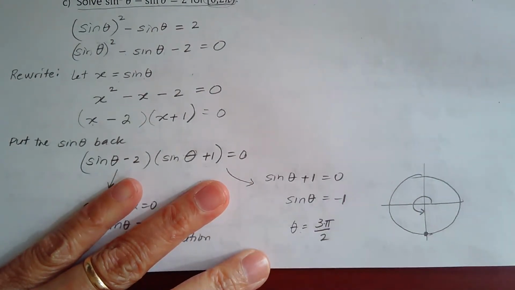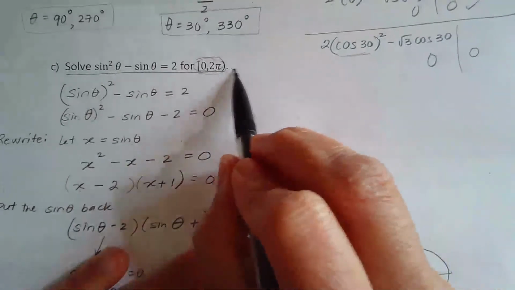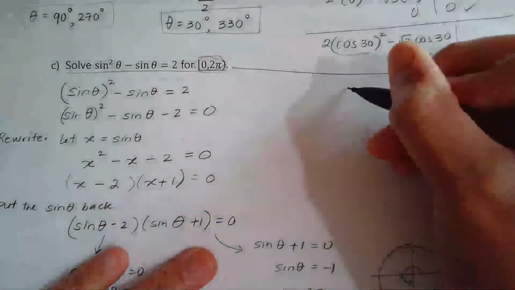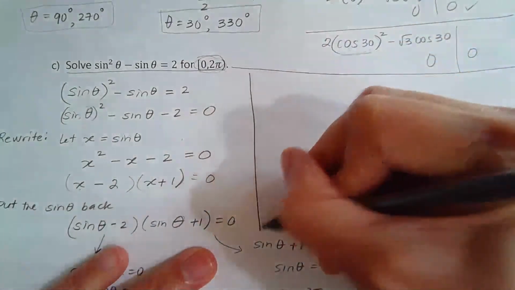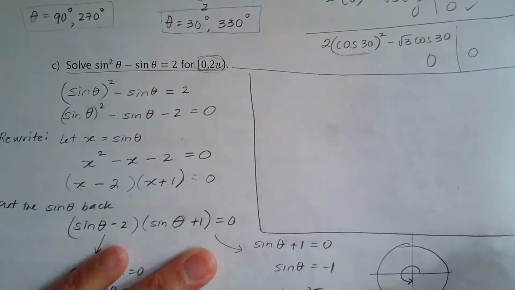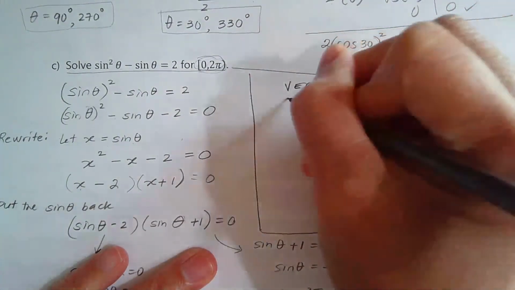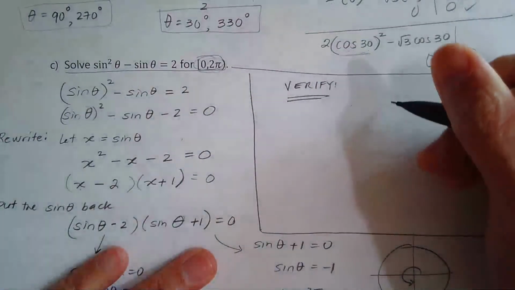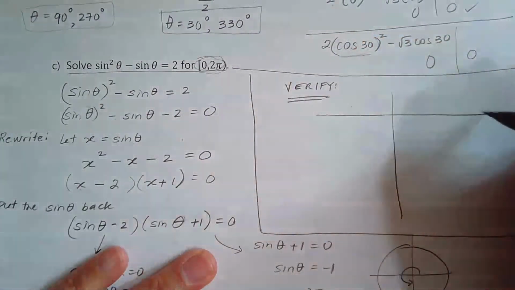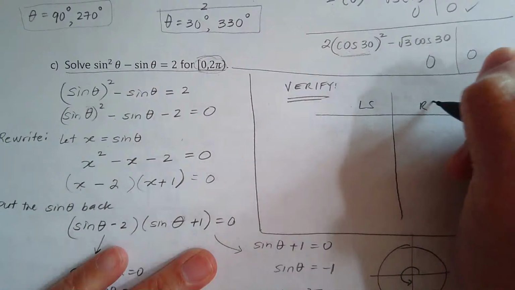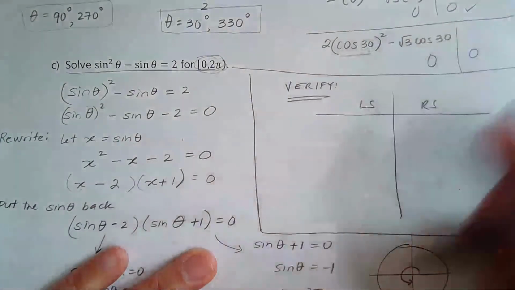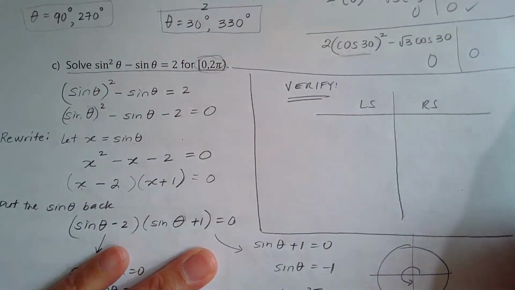Let's verify that. There's only one solution, so we can verify it. We need to do the left side and the right side. We verify theta equals 3 pi by 2.